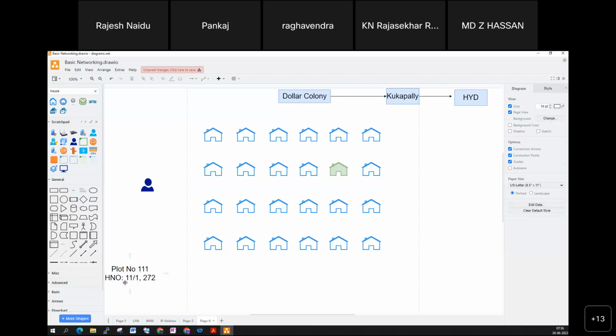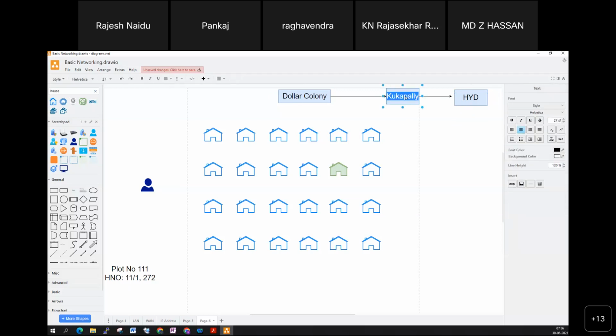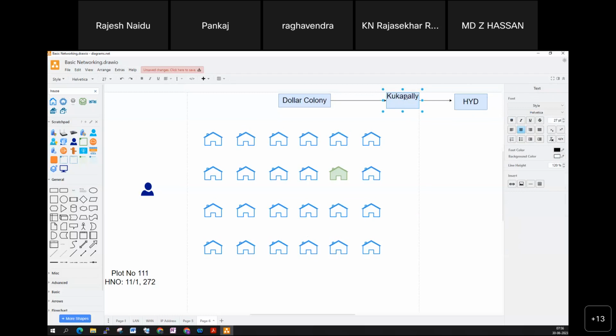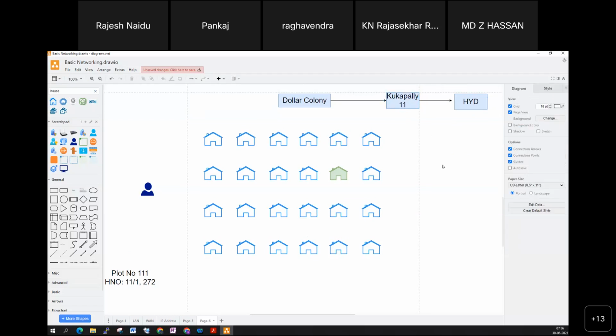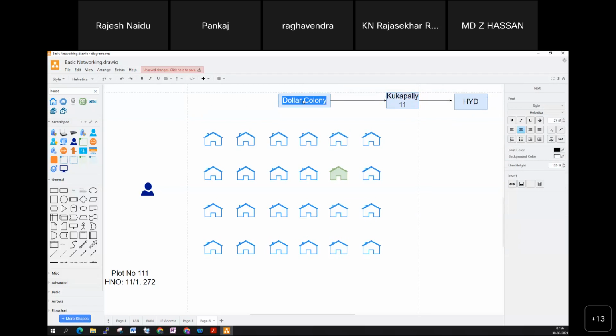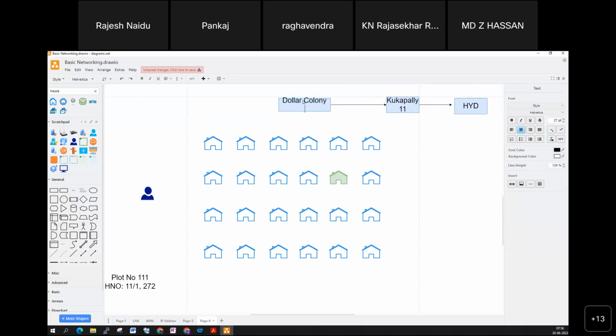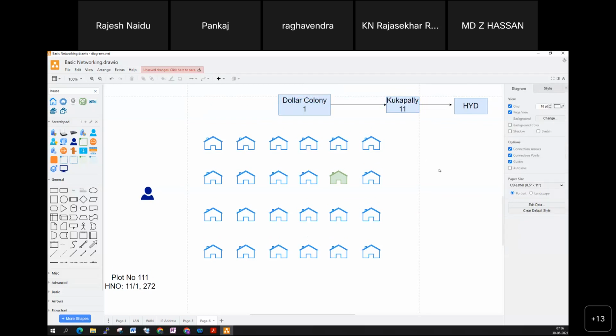Suppose this 11 number, maybe the Greater Hyderabad Municipal Commissioner provided the code. The code means the particular area code was given as 11. And Dollar Colony, under this Kukatpally, was the first colony developed. Maybe they gave the serial number 1. So now 11-1 means we can easily identify, okay, this is Dollar Colony.